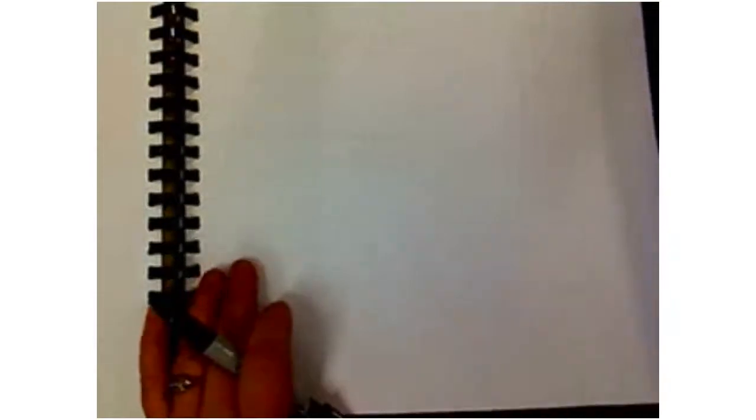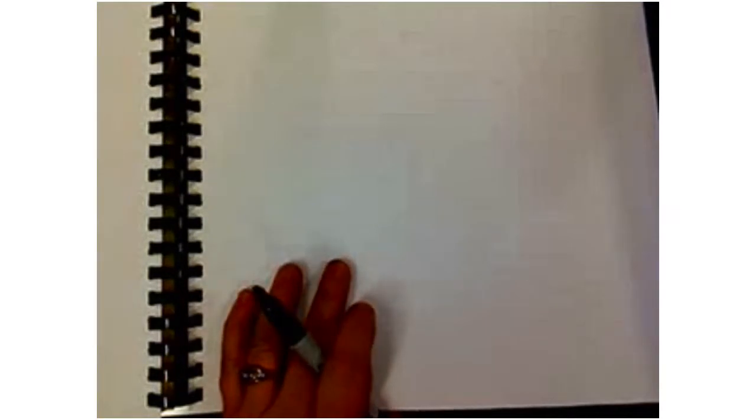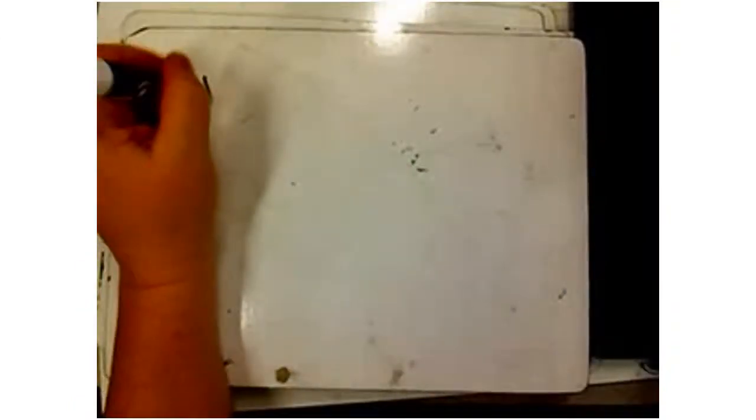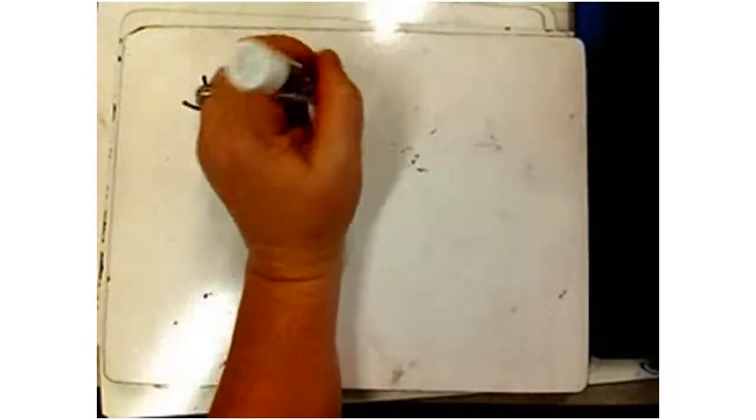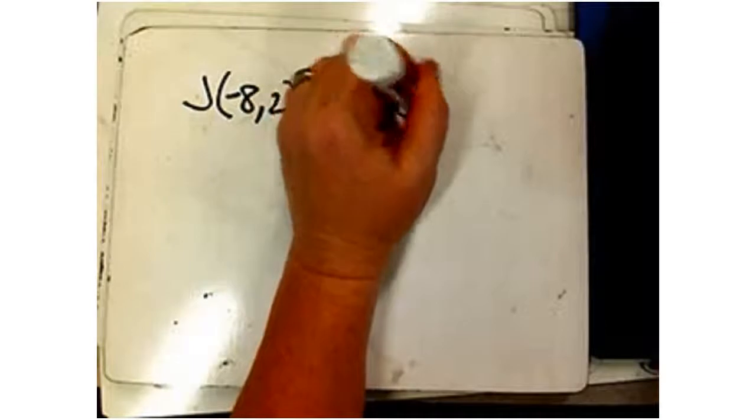And then you have some questions you need to work through where they give you some points. Like for question 31, it says points J are -8, 2, and K 0, -4. So let me get my whiteboard out and we'll do this one on the whiteboard. We have our 2 points. So we have J at -8, 2, and K at 0, -4.